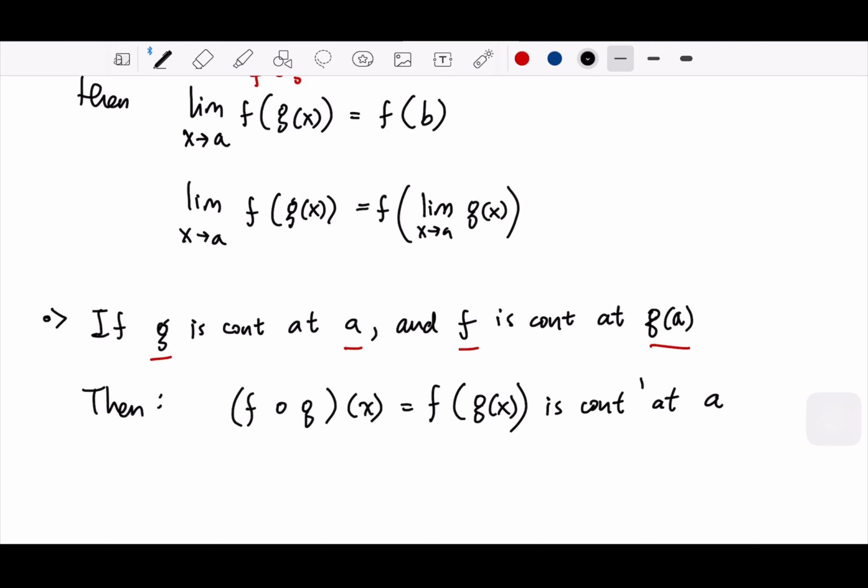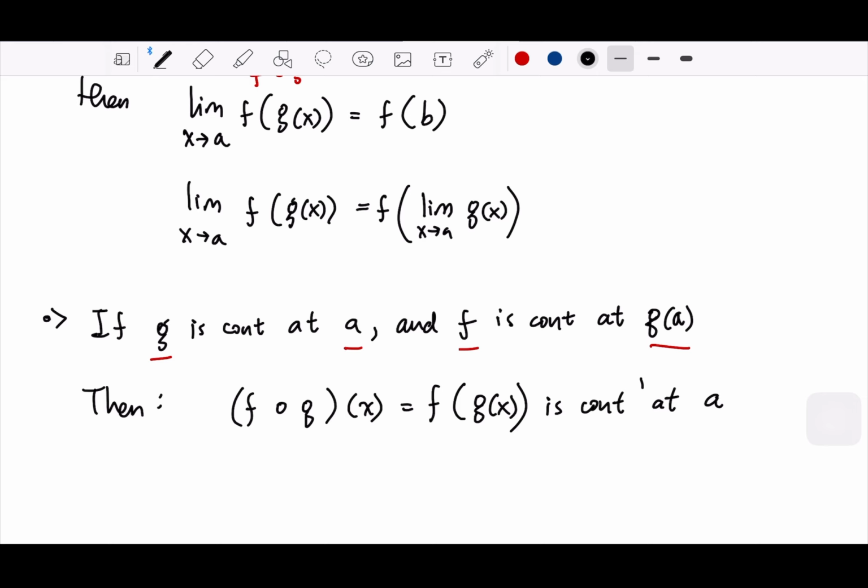You are looking from the inside going outside, and the conclusion will be a continuous function. Okay.